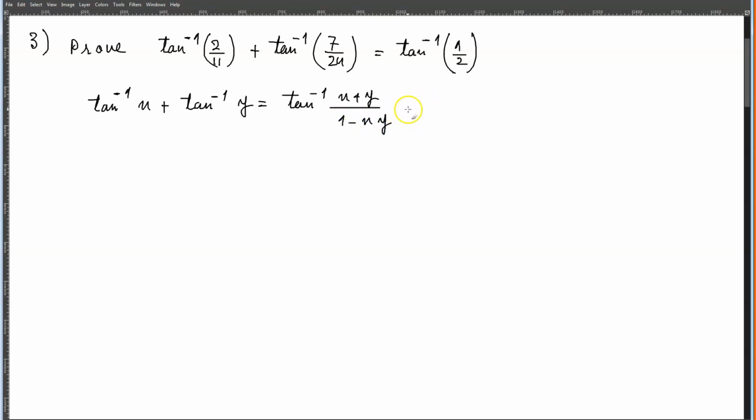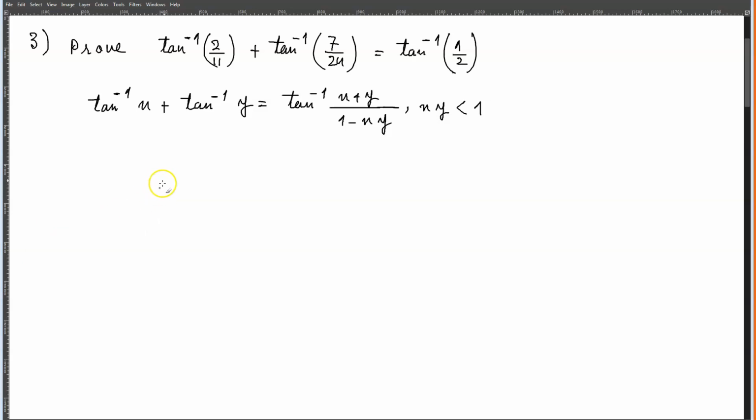Of course that is for x times y less than 1. Meaning that, for example, if you take x as 2/11 and multiply it by 7/24, you will get some number less than 1, of course. So I suppose you can use the formula there.